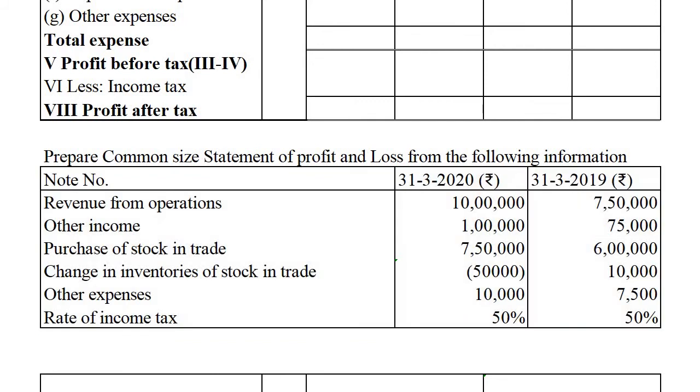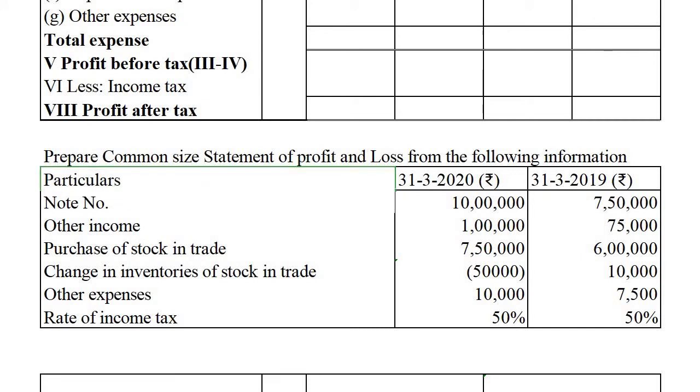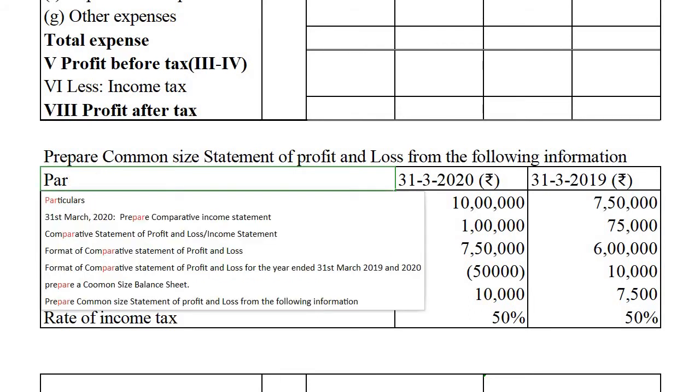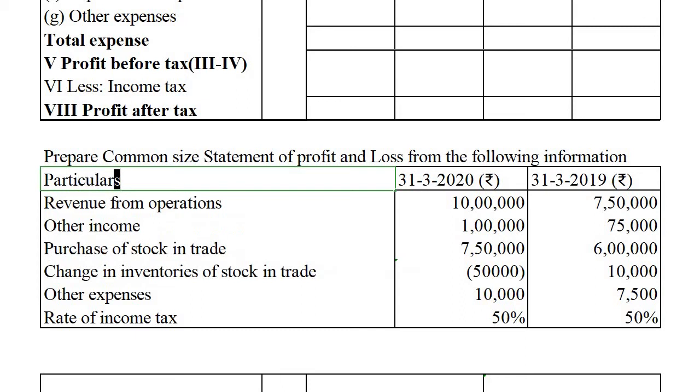See, here it is given: particulars, 31/3/2020, 31/3/2019. 2019 is the previous year and 2020 is the current year.